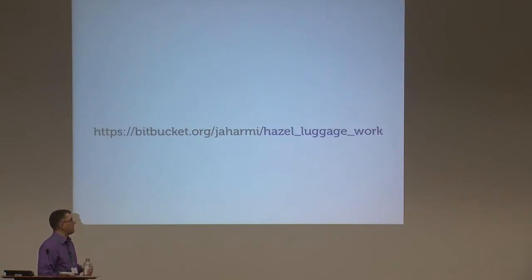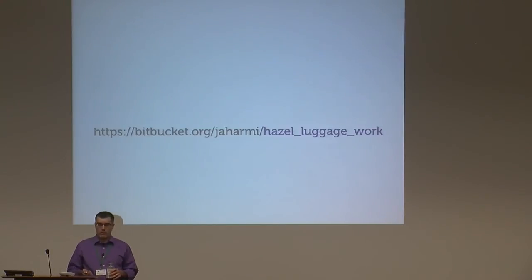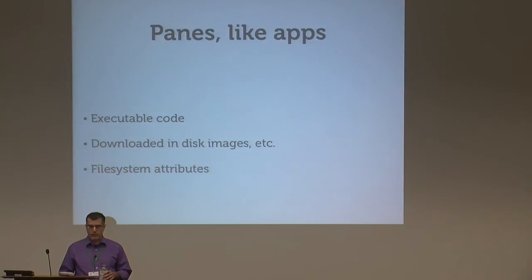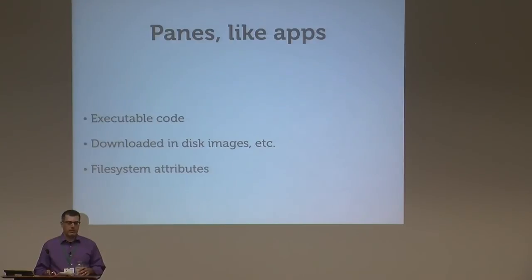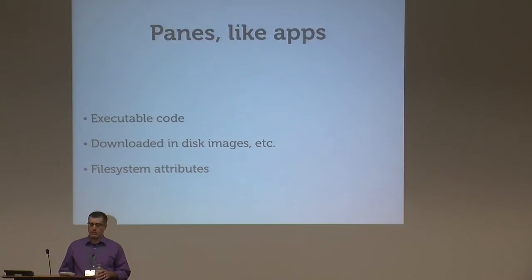This example is posted on my Bitbucket account, so you can see that if you care to. One of the interesting things is that pref panes are like apps. They have executable code. They're often distributed with drag and drop installers. And they may have file system attributes that we want to preserve, just like the fetch drag and drop install.